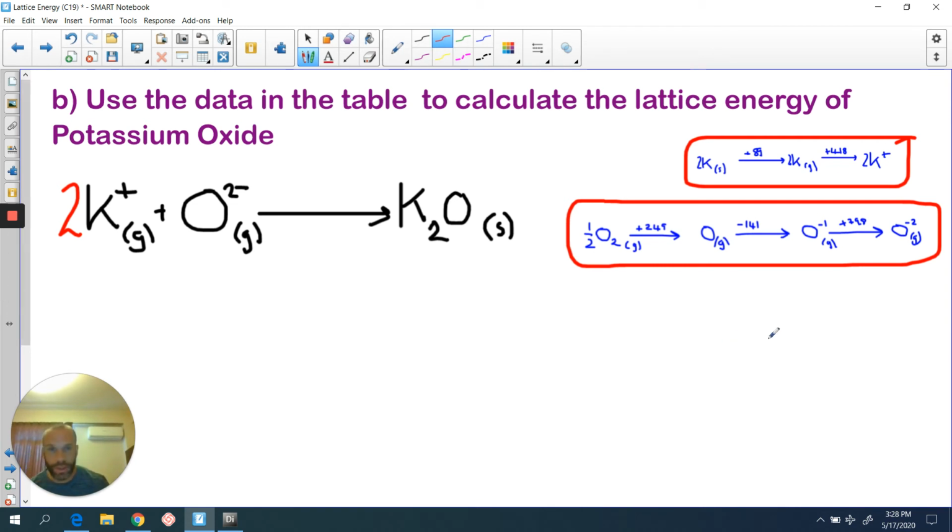And the final energy change that we're interested in the value for is the enthalpy of formation of this. I forgot to write that. Again, according to the data they've given you, this delta H of formation is minus 361.